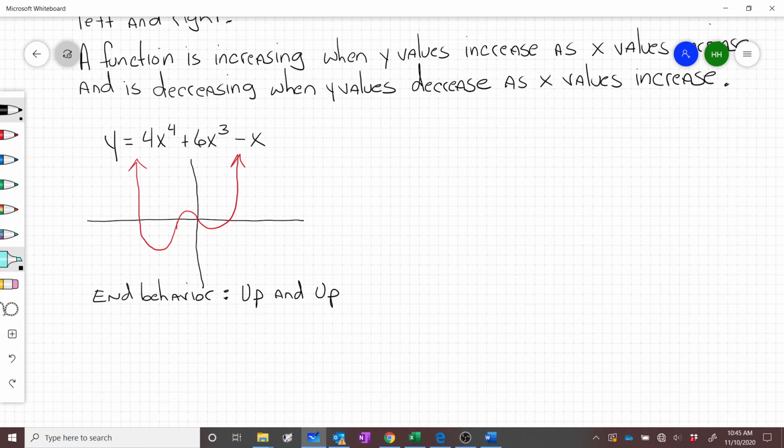The number of turning points. Alright, here's the turning points, here and here. It's where the graph changes directions. This graph has 3 turning points. Y equals negative x squared plus 2x.